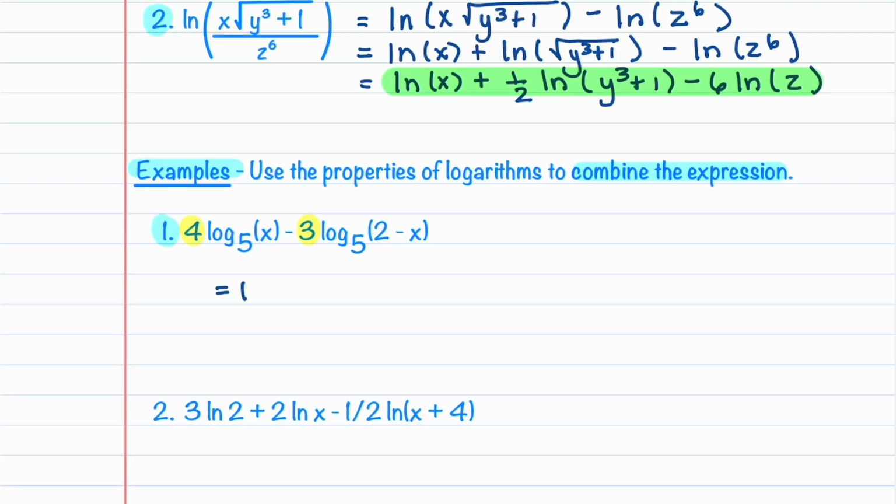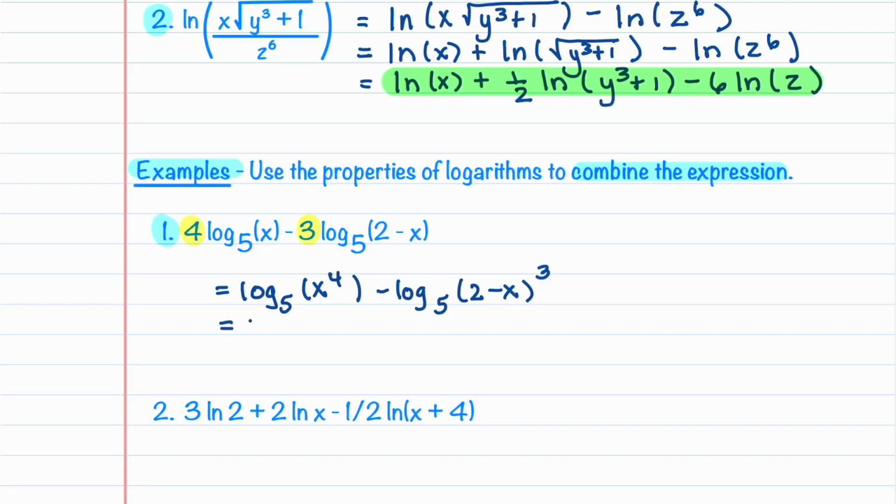We'll write this as log base 5 of x to the 4th, just pulling that 4 up into the exponent, minus log base 5 of 2 minus x quantity cubed. Now we can combine the logs. Notice that they are subtracted. So when we combine them, we're going to have a numerator and a denominator.